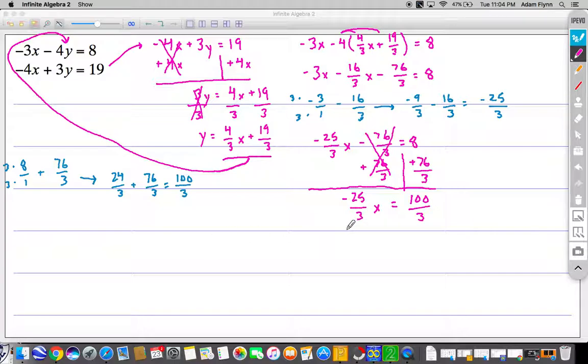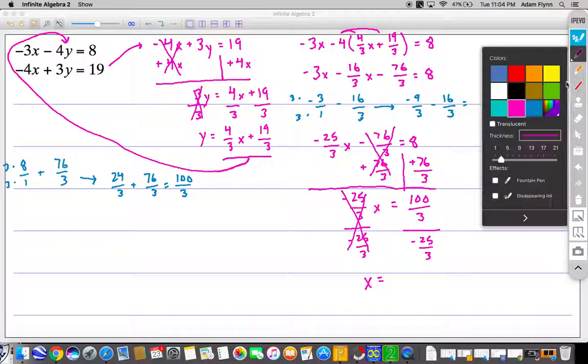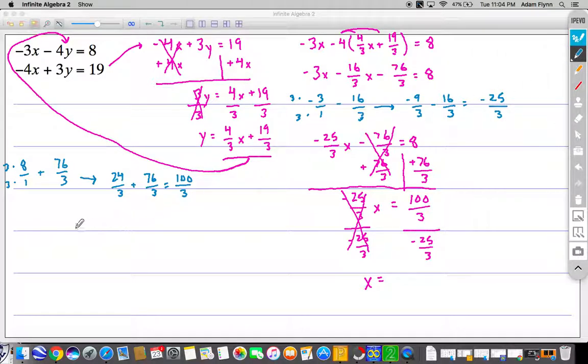To get the x by itself, I will divide both sides by negative 25 over 3. When I do that, these cancel, so I get x equals, I'll go back over here to do a little more mental math. I've got 100 over 3 divided by negative 25 over 3. So I know when I divide fractions, I need to flip whatever's being divided.